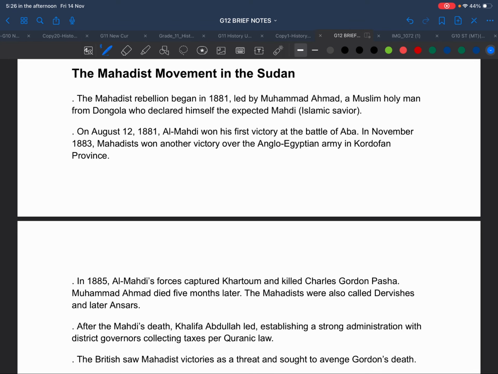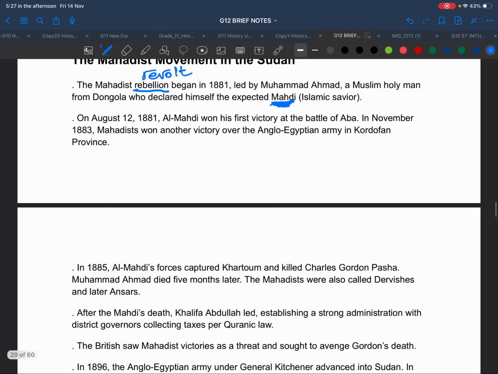The Mahdist rebellion, revolt, movement, began in 1881, led by Muhammad Ahmed, a Muslim holy man from Dongola who declared himself the expected Mahdi, the Islamic savior or leader. On August 12, 1881, Al-Mahdi won his first victory at the Battle of Abba.